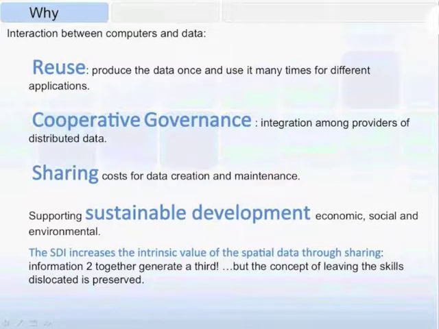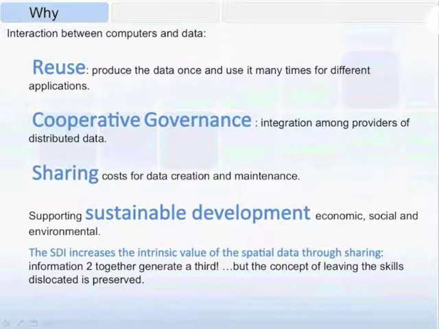Now it's possible to produce the data once and use it many times for different applications. This is the basic concept of the cooperative governance, so integration among providers of distributed data. And as a consequence, we have a sharing of the cost for data creation and maintenance, and supporting the sustainable development from an economic, social, and environmental point of view.